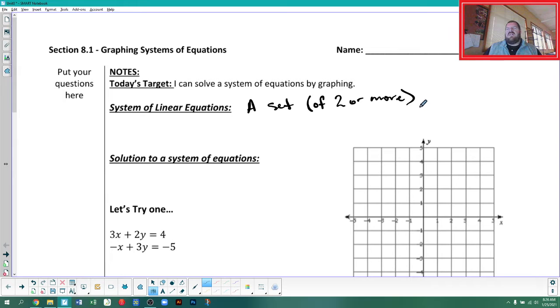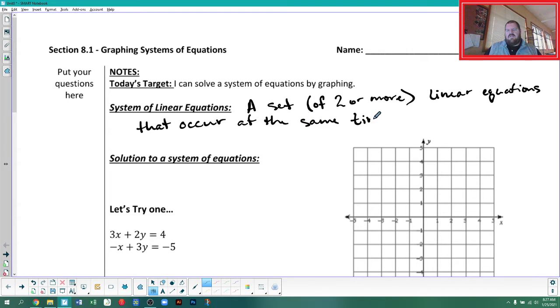Okay, just emphasizing that a set could have one thing, but for us here, this set is going to have two or more linear equations that occur at the same time. So basically we're looking at two lines at one time. That's really what we're thinking about.